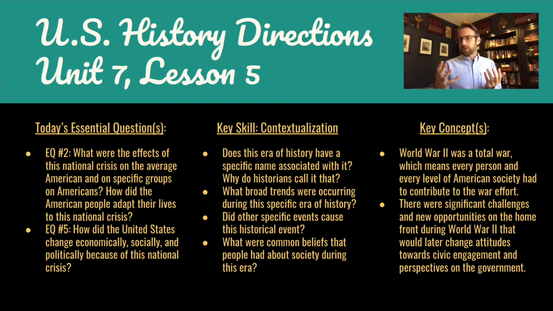This was a total war situation where everyone contributed, including those that were at home. So mostly women, children, elderly people. What were they doing to contribute to the war that they couldn't actually fight in? So we're seeing how they kind of stepped up to the plate to do that and what the effect was upon them. And then lastly, how did the United States change economically, socially, politically because of the crisis?